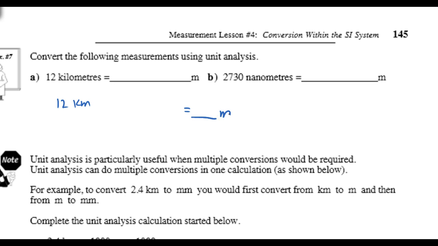Okay. Well, before I can do that, I need to know the conversion rate, or in other words, how many meters. What's the relationship between meters and kilometers? Well, I know that there are 1,000 meters in a kilometer, and again, you can check that based off of your chart up top, or you can just memorize that one because it's a common one.